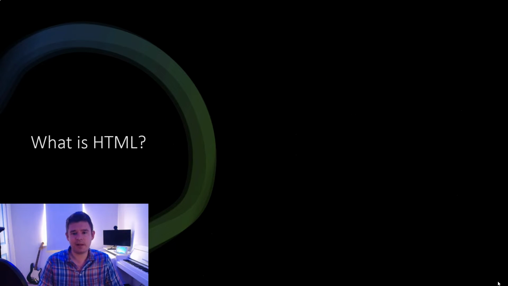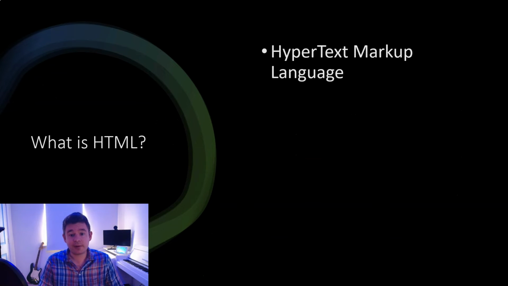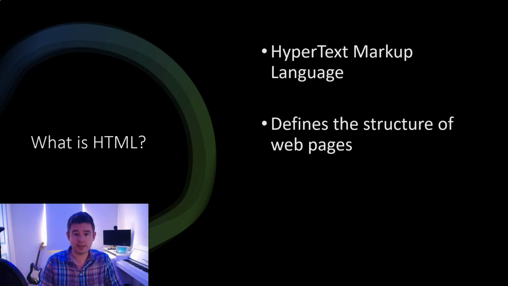What is HTML? Well, HTML is an acronym, stands for Hypertext Markup Language, and it defines the structure of web pages. In fact, every web page that you visit will make use of HTML. Sometimes we hear that different languages are used to create a site on the back end. We hear perhaps that the developers used PHP, perhaps they've used Java, perhaps they've used Python.